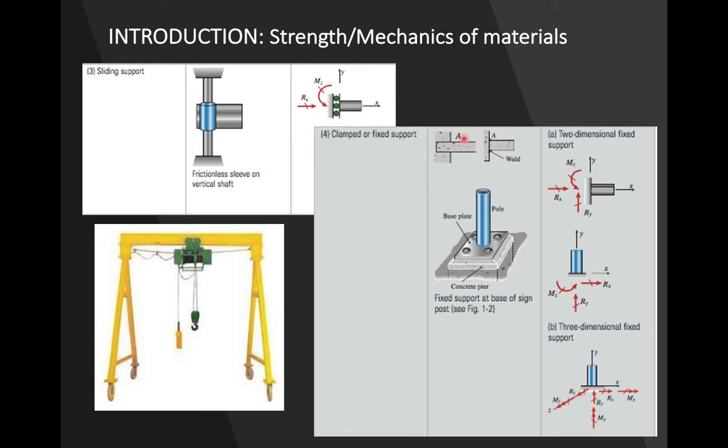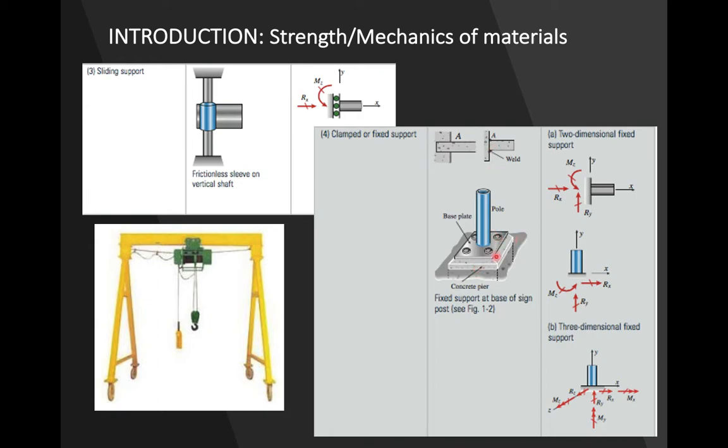And this last support is called a fixed support, and this is basically fixed into a wall. Some member is fixed into a wall, so it won't allow it to translate or rotate. You can see a fixed condition in your homes also, like a pole.